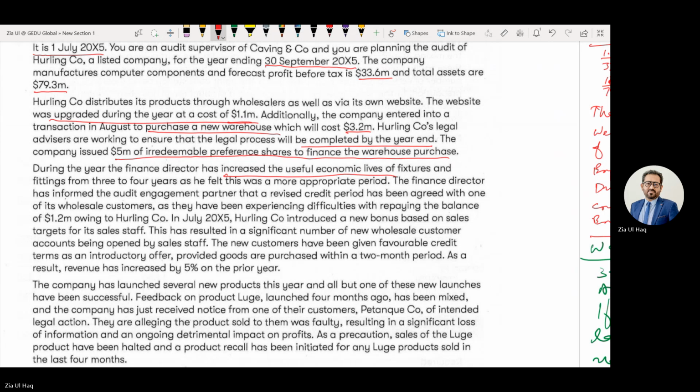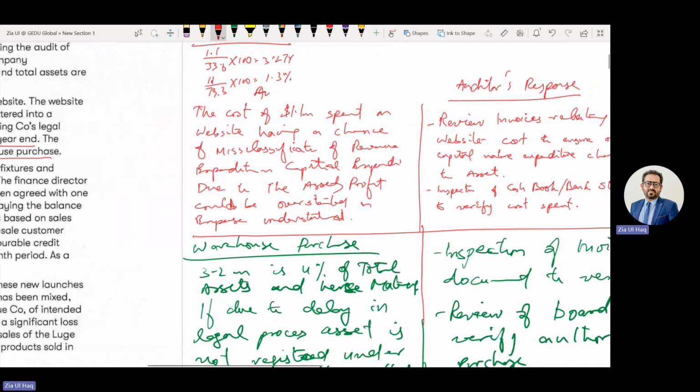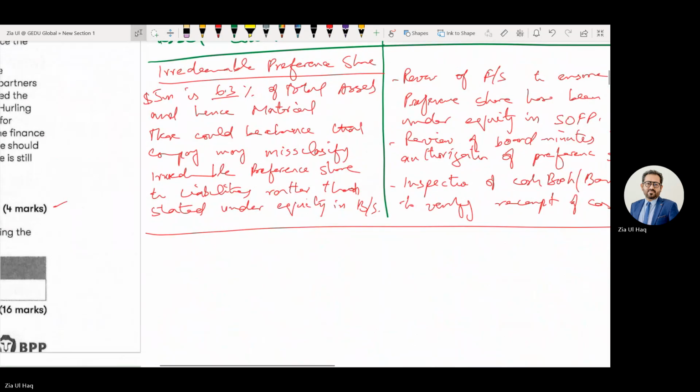So there could be chances that asset and profit could be overstated and expenses understated. This is a risk at planning stage. We need to identify risk, not actual, could be. Chances could be. So we'll put a heading: what? Change in estimate.